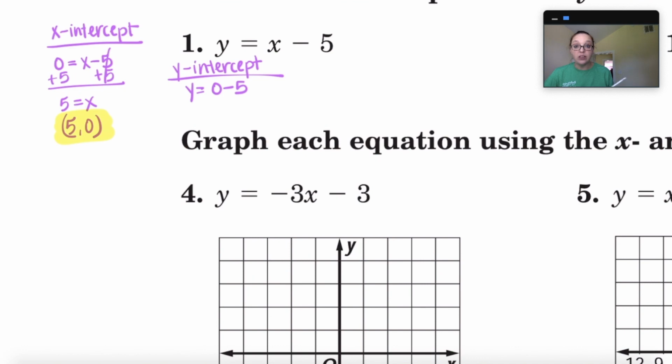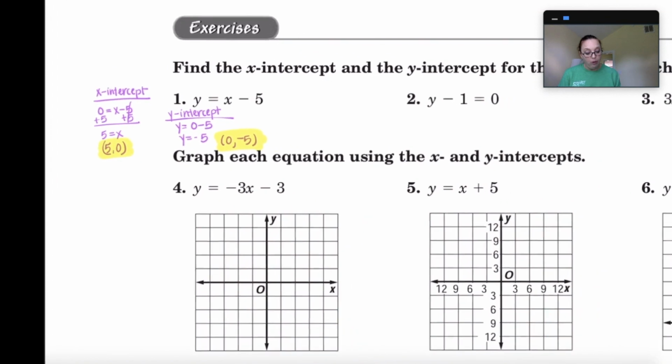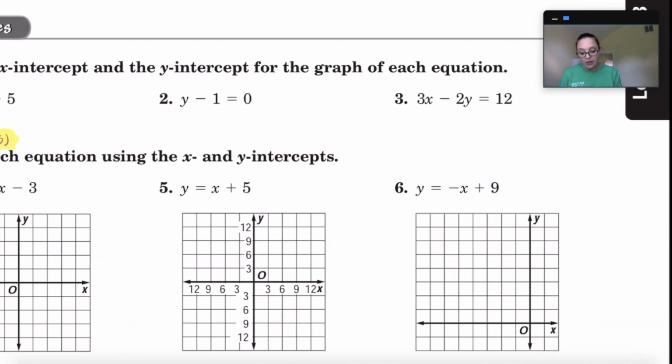Well, 0 minus 5 is negative 5. So I get that the y-intercept is negative 5. When I write that as an ordered pair, it's the ordered pair (0, -5). So for number 1, for the equation y equals x minus 5, my x-intercept is (5, 0), and my y-intercept is (0, -5).